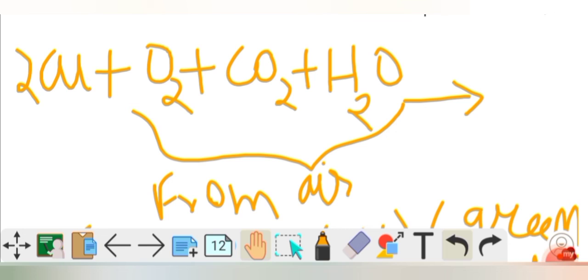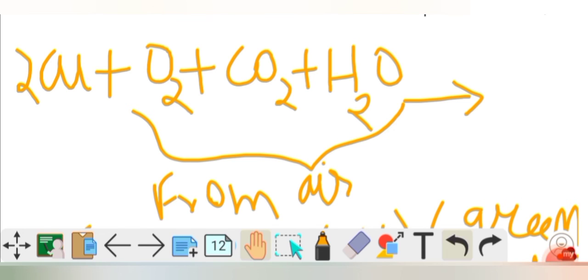Like here only I will tell, in the combination reaction, the main keyword was two or more reactants form a single product. So two or more reactants and a single product, this is the main point, and then the example.